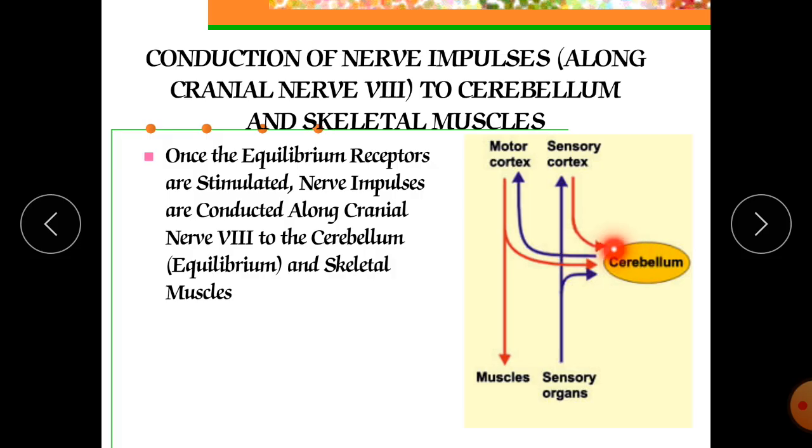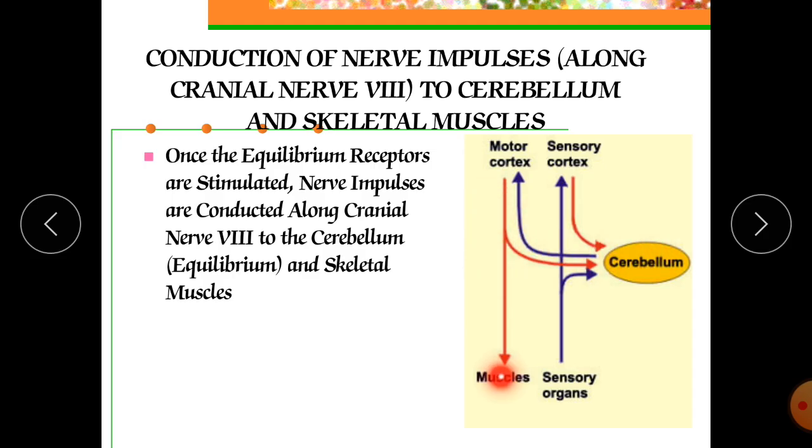They signal the sensory cortex and the motor cortex. The sensory signals from the ear go towards the cerebrum, and the brain takes the decisions. They are the decision makers here. They take the decisions along with the sensory cortex, and give orders along with the motor cortex.